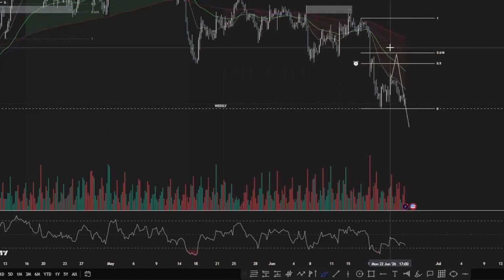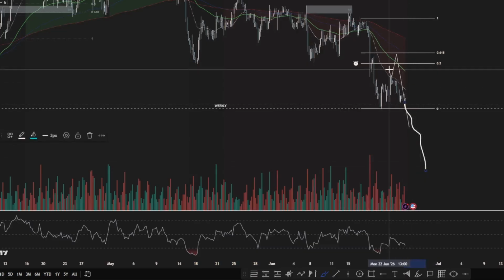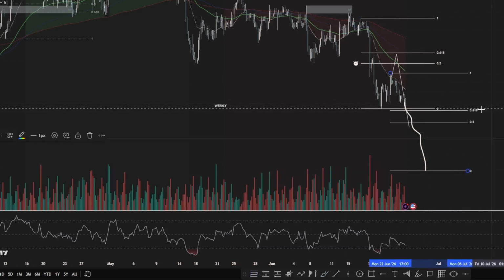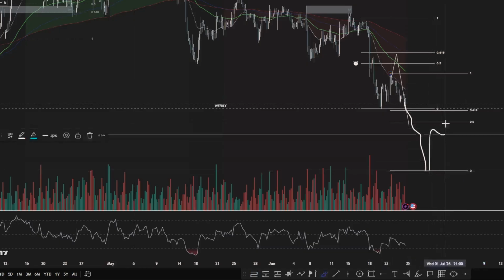Now, we'll see, right? If we start to trickle down even more, then I'll probably shift my entry criteria lower. So I would like to short pullbacks, and what I'll usually do is use the Fibonacci tool. So if we're in this position, then I'll probably put the Fibonacci tool this way, and then look for shorts.